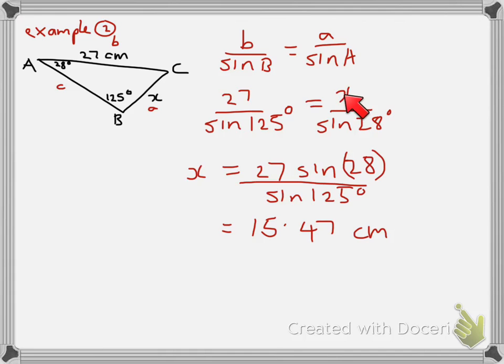Remembering that if I want to find x, I multiply the diagonal that I know the values of, so 27 multiplied by sine 28, and divide by sine of 125. That gives me 15.47 centimetres.